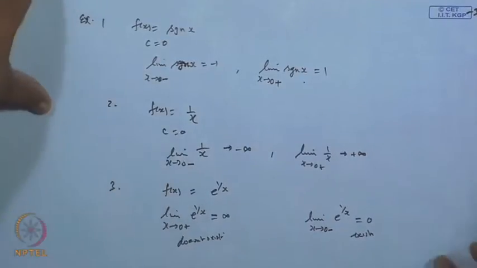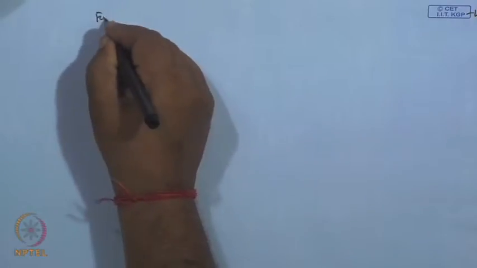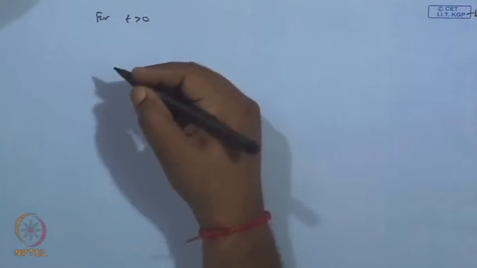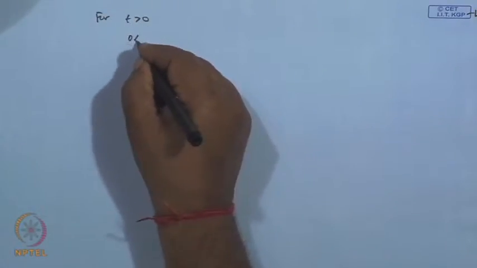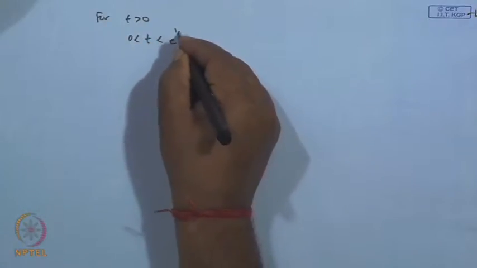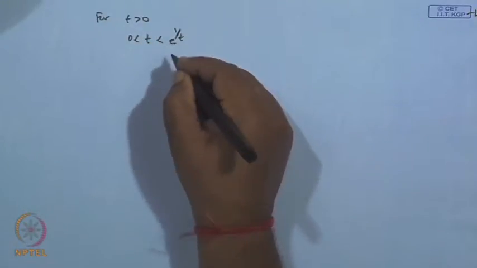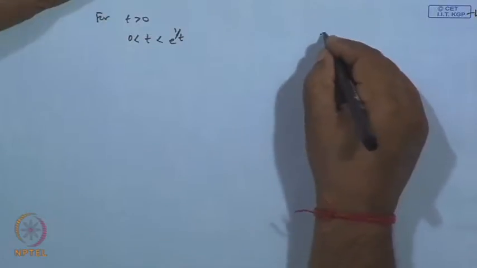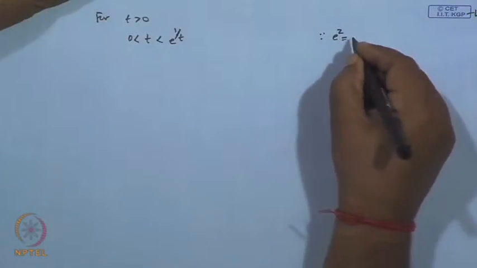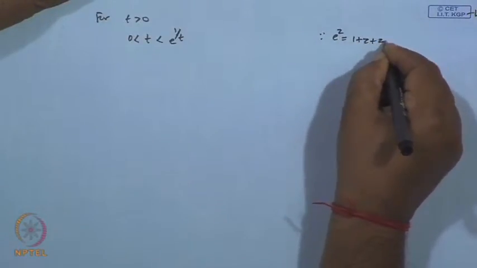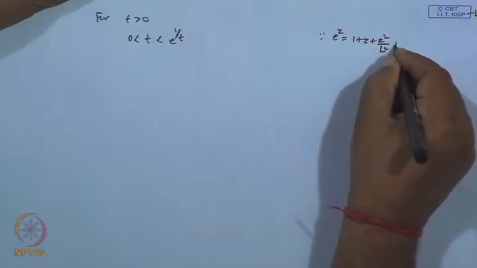The reason for this is simple. Why is it so? Because for any t greater than 0, we have 0 less than t less than e to the power 1 by t, because of the expansion of e to the power z, which is 1 plus z plus z square by factorial 2 and so on.